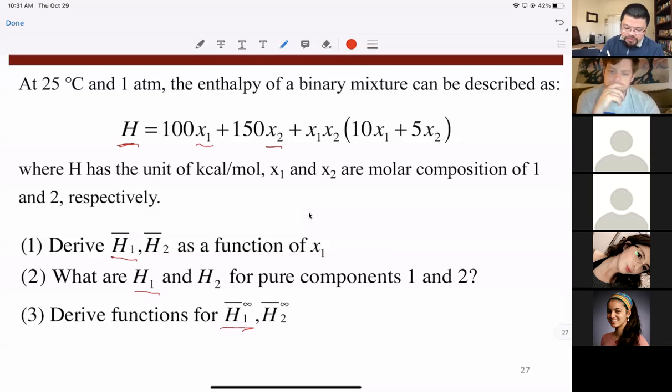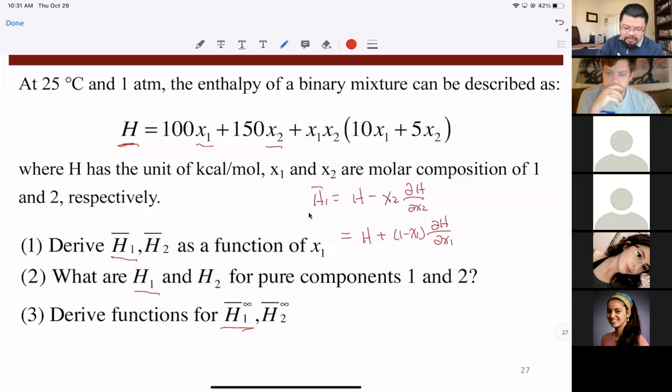So the plan is still this one, right? H1 is H minus x2 dH over dx2. Or if you rewrite this, it's H plus (1 minus x1) dH over dx1.